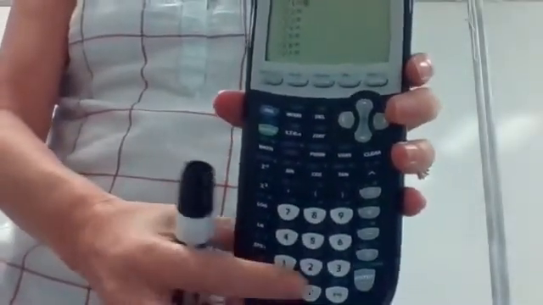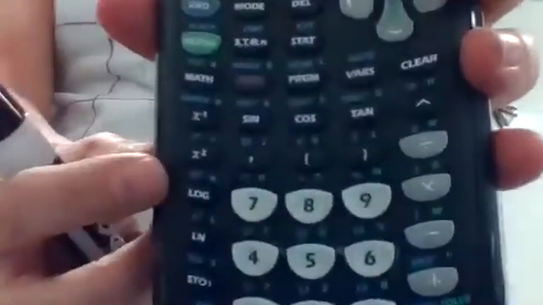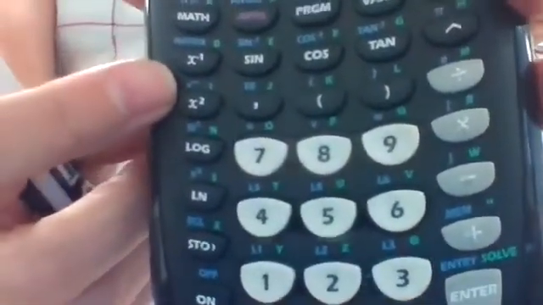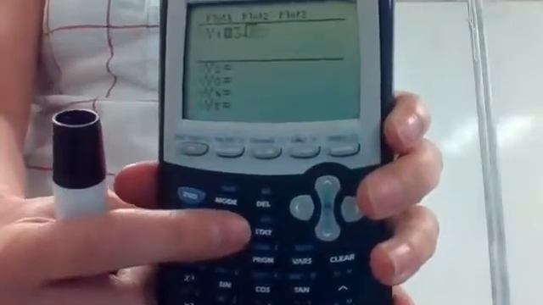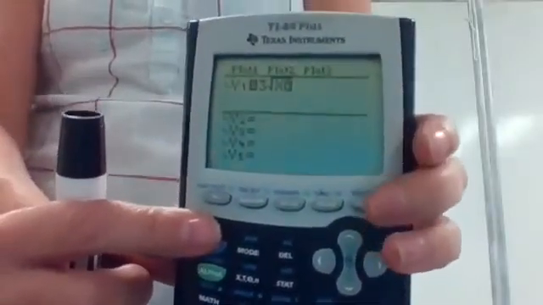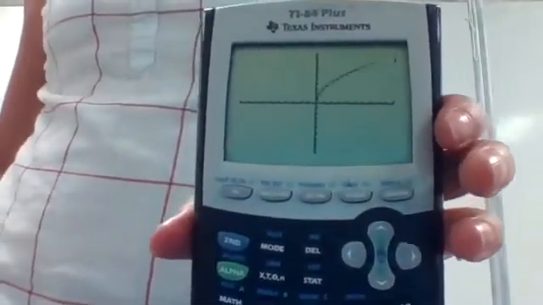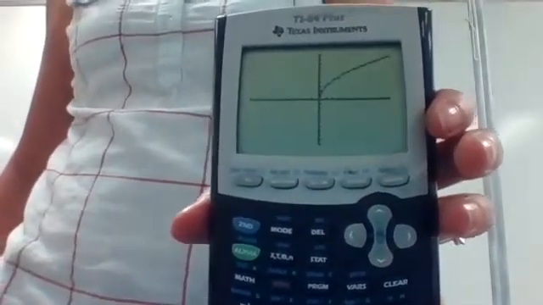So go to y equals 3. Now remember where square root is. It's the x squared button, but it's right above it. So you just need to hit your second button first. So second square root, put your x in there. Now let's graph it. So the square root function looks like that.